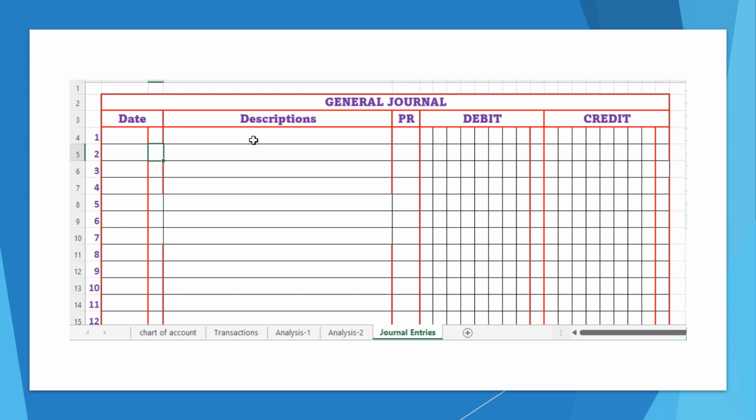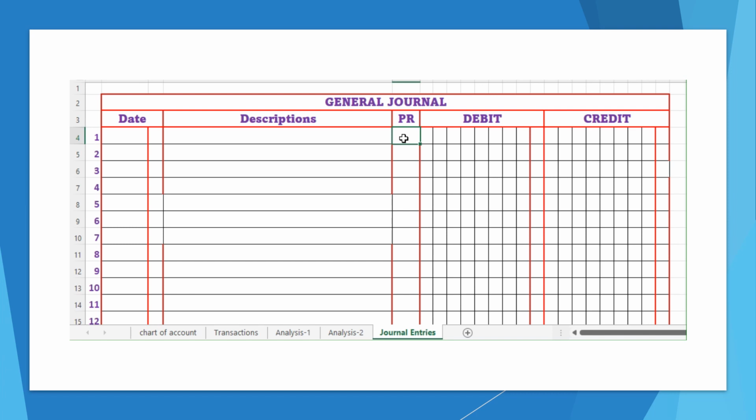The other one is the descriptions or particulars. You're going to write your debit and credit entries and also the brief explanation. Remember that the credit side is to be indented by at least 5 spaces. Then, here is the PR or folio column. For your initial activity, that is journalizing, you have to leave this portion blank.